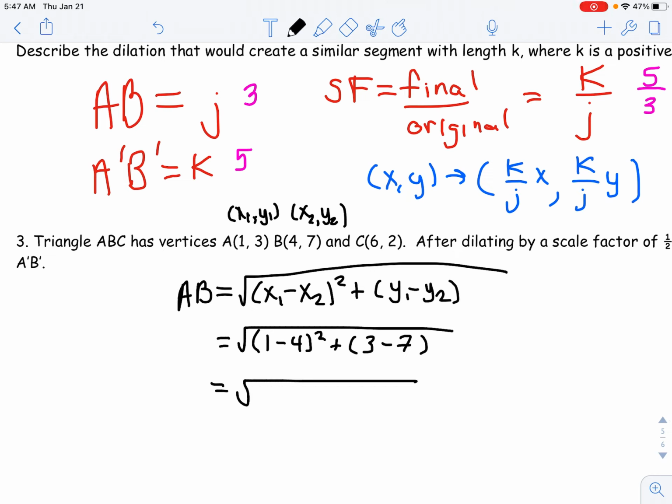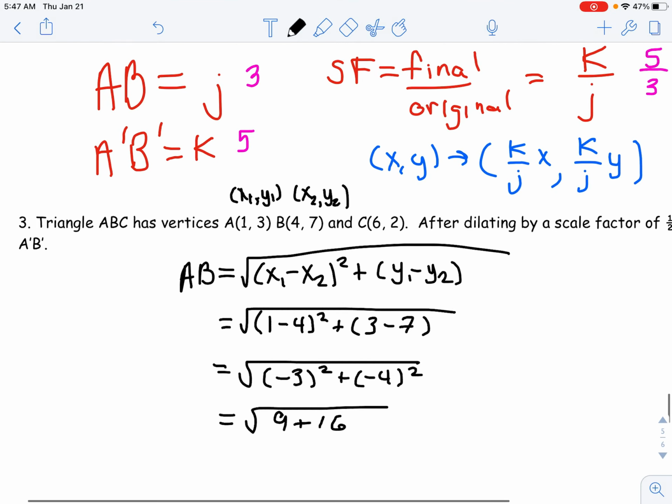Now I'm just going to follow the order of operations. 1 minus 4, negative 3. 3 minus 7, negative 4. Parentheses, now exponents, negative times a negative. Remember, squaring any number always results in a positive number, except 0. 0 is not positive. But anyways, that's what we get there. Square root of 25. 5. Alright, so AB equals 5.